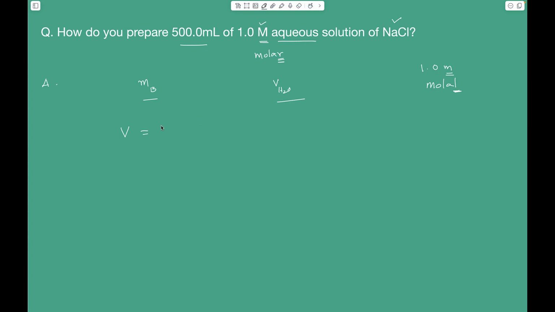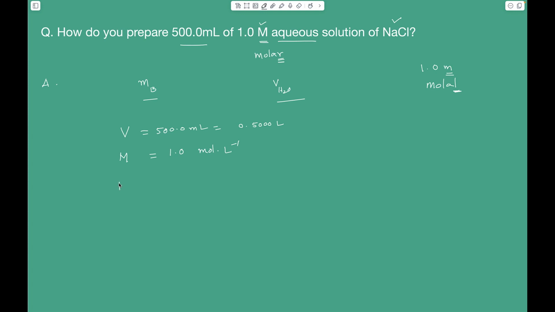So you have to convert the given volume of the solution into liters, and that would be 0.5000 liters. And we are given the molarity of the solution, it is 1.0, and the unit for molarity is mole per liter. Don't forget the unit.